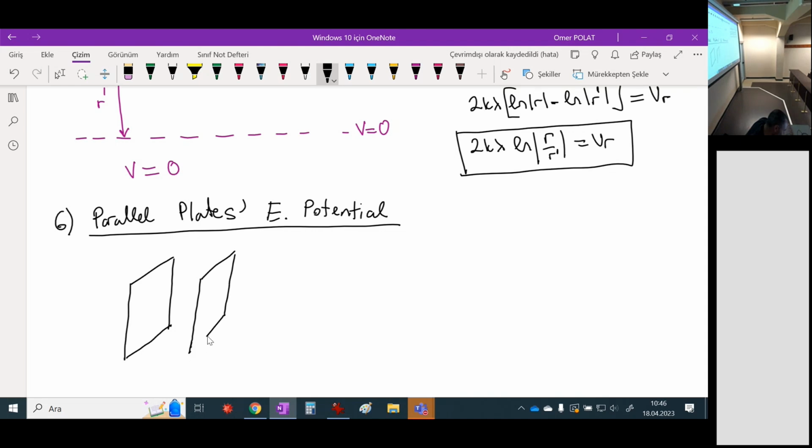Plus sigma, minus sigma. So one is plus sigma, other is minus sigma. So we set an electric field between them, a uniform electric field.